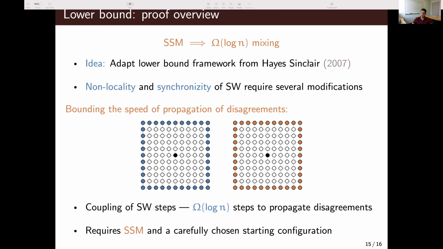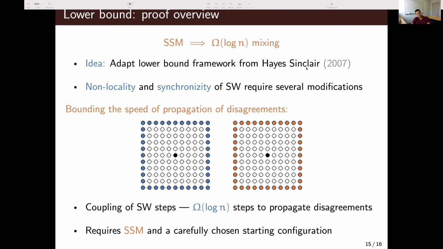The key here is that this work was intended initially for the global dynamics to prove lower bounds of the form n log n that match the upper bound. The non-locality and synchronicity of the move of the Swendsen-Wang actually requires that we make several technical modifications to this framework, right? And there are a few observations that we have to make along the way.